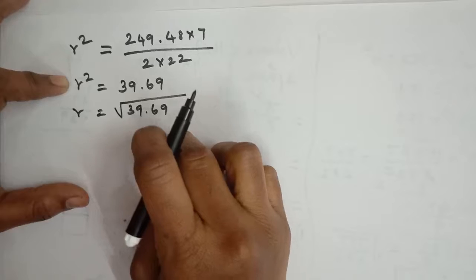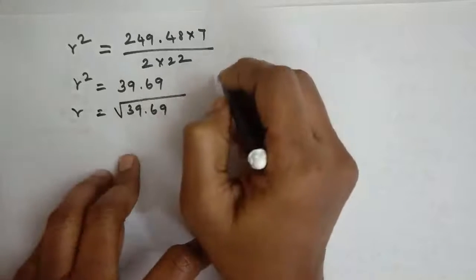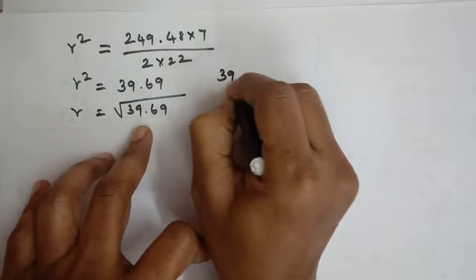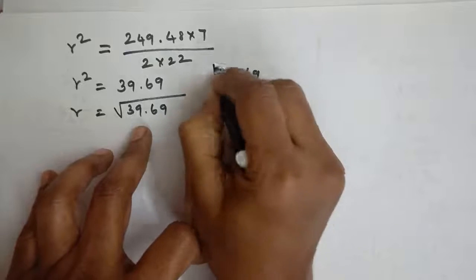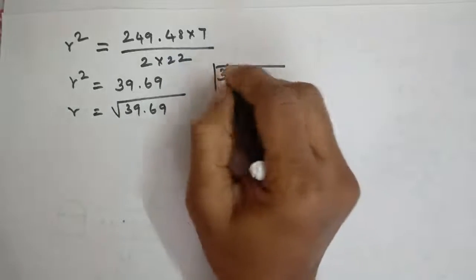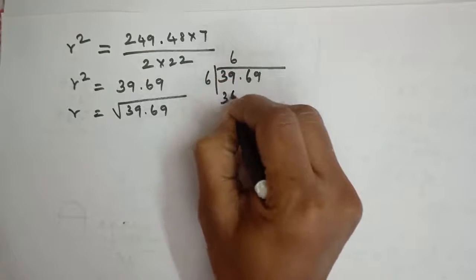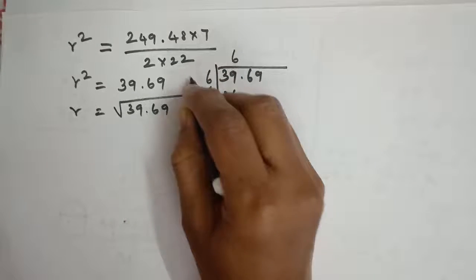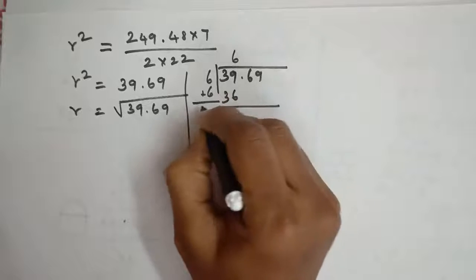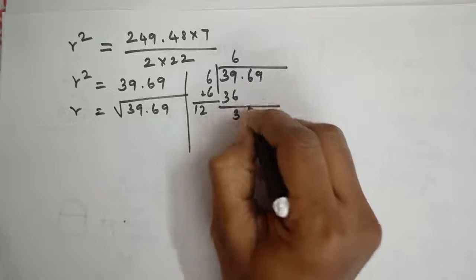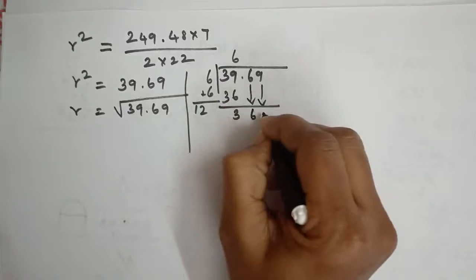I have already taught you the division method. Once again I repeat it, students listen, 39.69. Here take the first two numbers, 6 6s are 36. Then you have to add this 6, 12, remainder 3, drop the next two numbers.